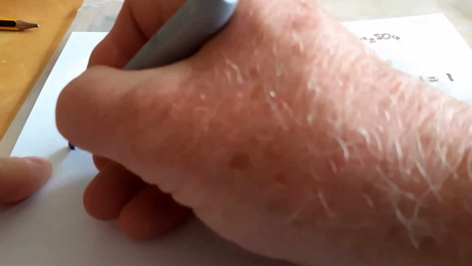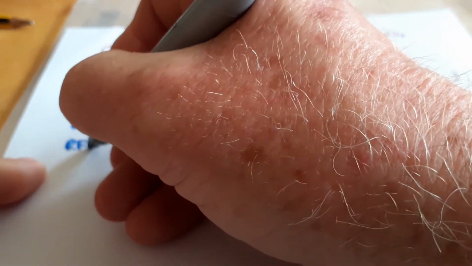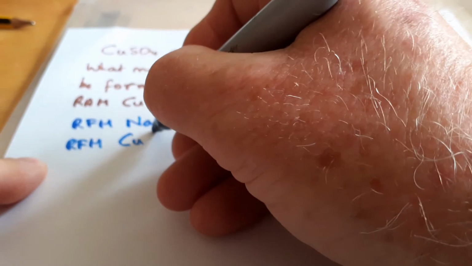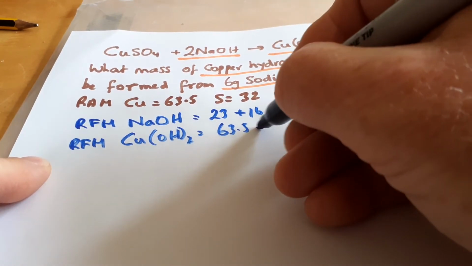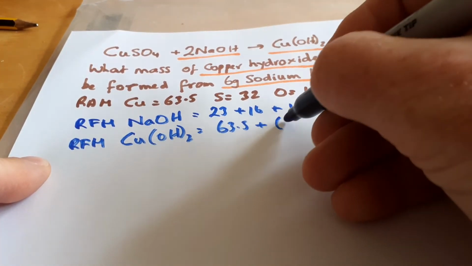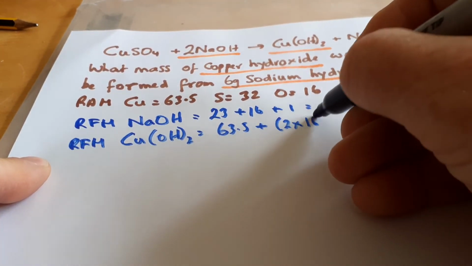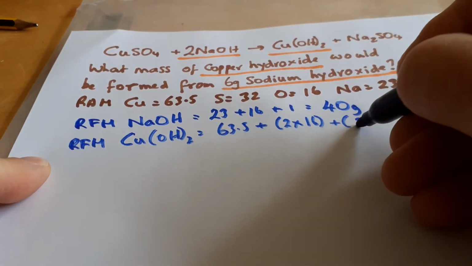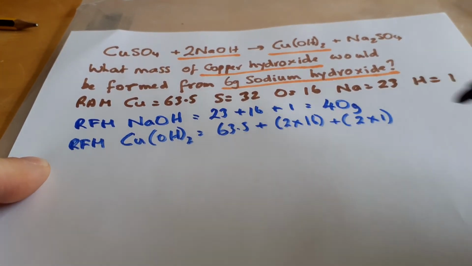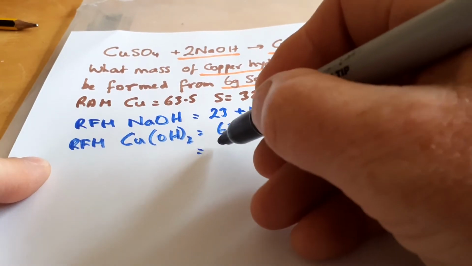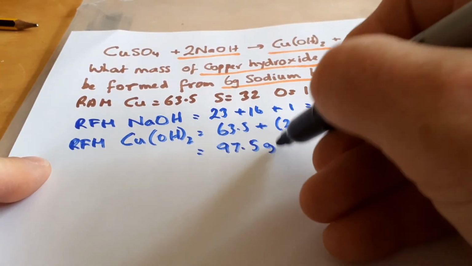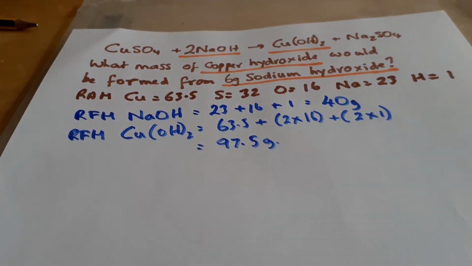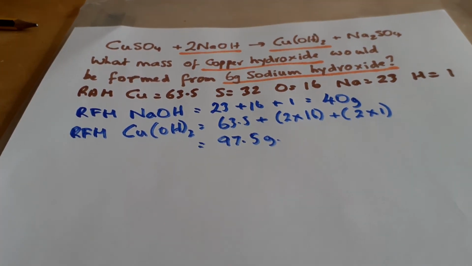Now, do the same next with the product, copper hydroxide. So, 63.5 plus 2 times 16 plus 2 times 1. And that will come out as 97.5 grams. Now, here we need to go to the equation.